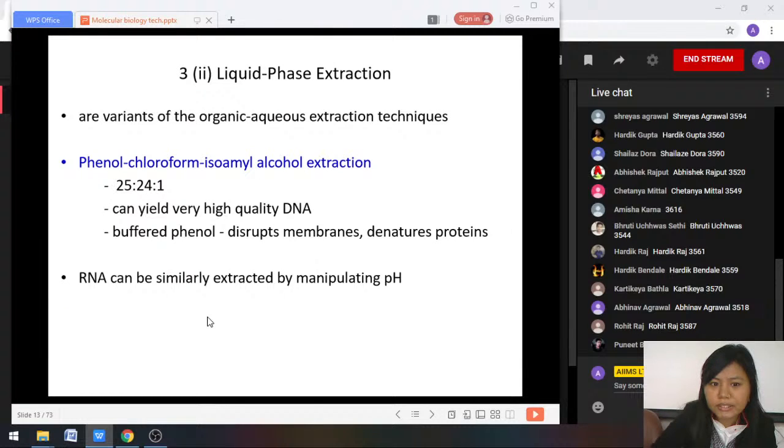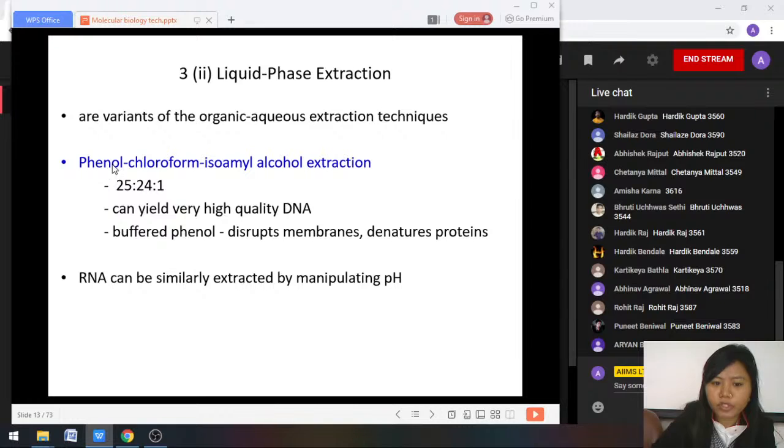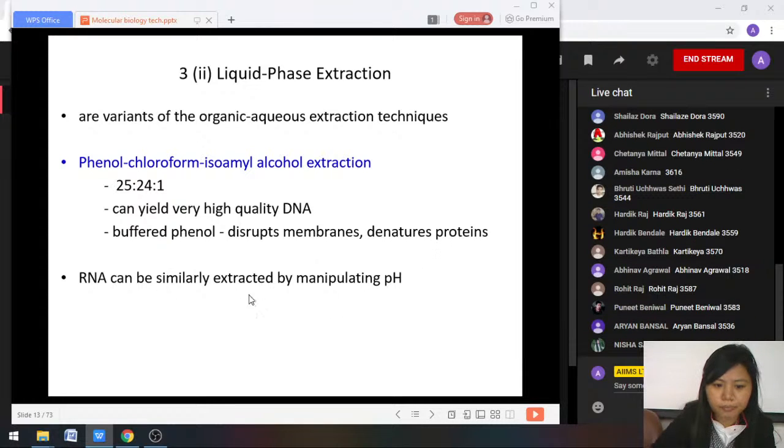Then we devised newer methods using liquid phase extraction, where phenol chloroform isoamyl alcohol compounds are used. These substances are able to disrupt membrane, denature protein, and concentrate or separate out the nucleic acid.